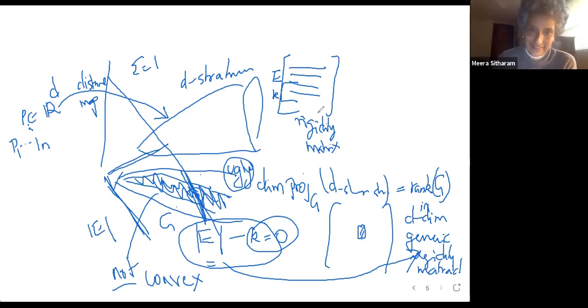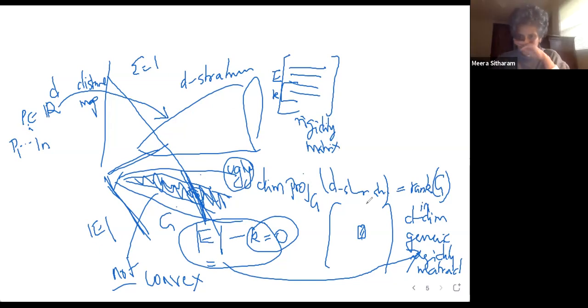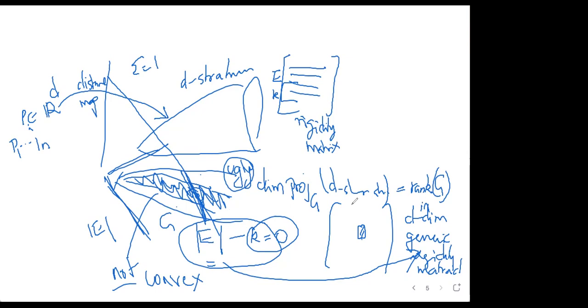Upstairs, it's still connected. Downstairs, it may not be. Oh, okay. That's interesting. Well, let's talk about that later. It's confusing to me. I have to think about it. Okay.